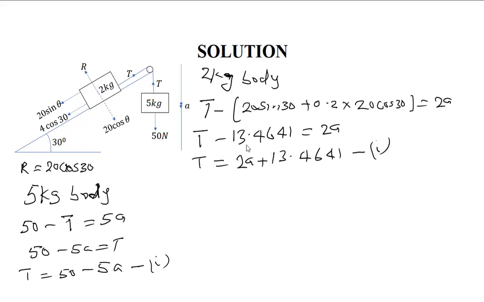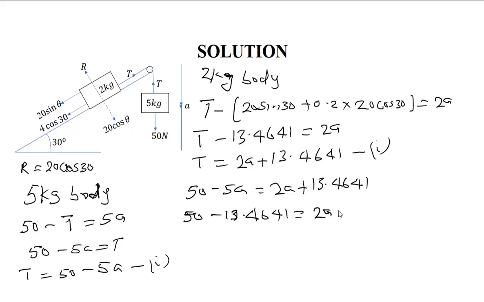So equate equation 1 and 2. That will give me, equation 1, 50 minus 5a is equal to 2a plus 13.4641. Collect like terms: 50 minus 13.4641 will be 2a plus 5a.